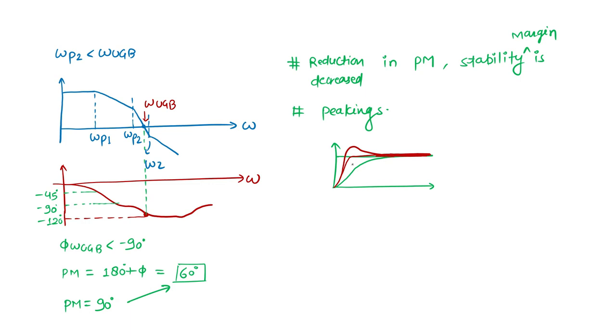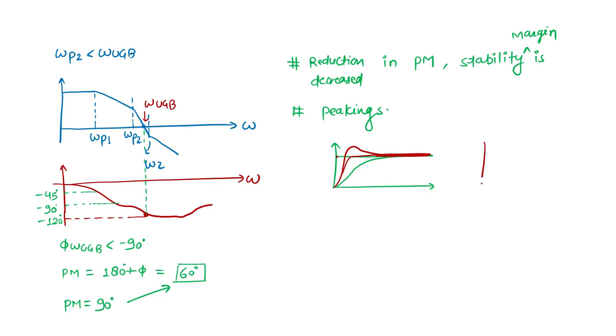So this is the in-depth story when we look exactly at the pole frequencies and the frequency response. We will see how the peaking occurs, but overall we want my output to settle to some steady value smoothly.